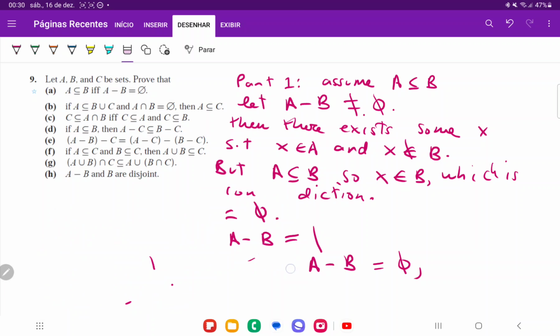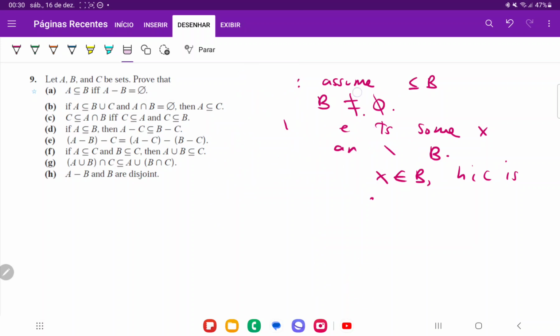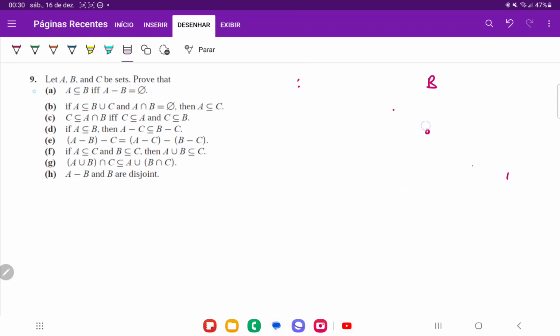So for item B, we are assuming that if A is a subset of B union C and A intersection B is empty, then A is a subset of C. So for B, we're going to let A be a subset of B union C and A intersection B be empty, right?